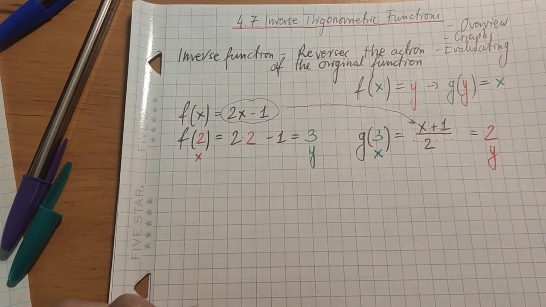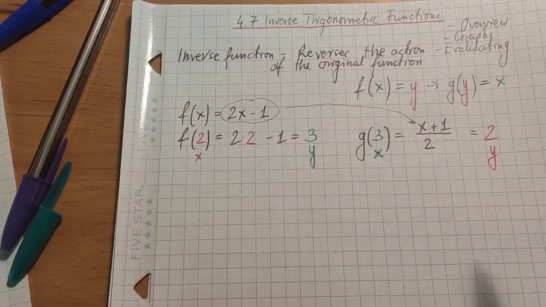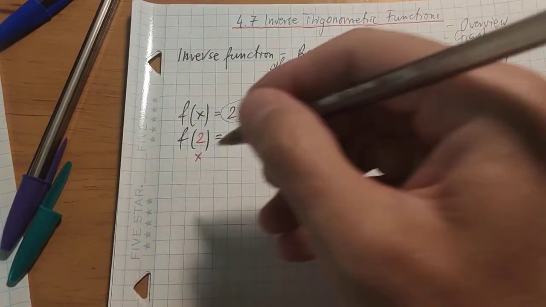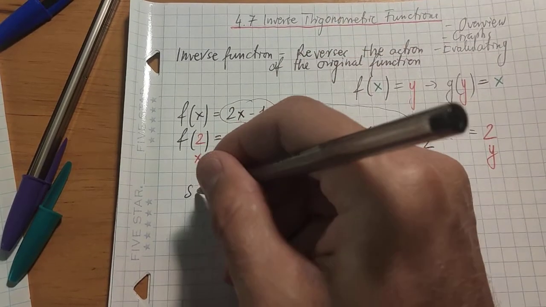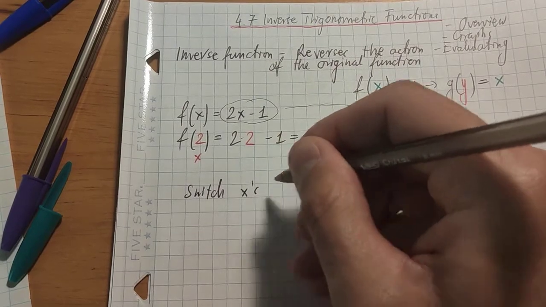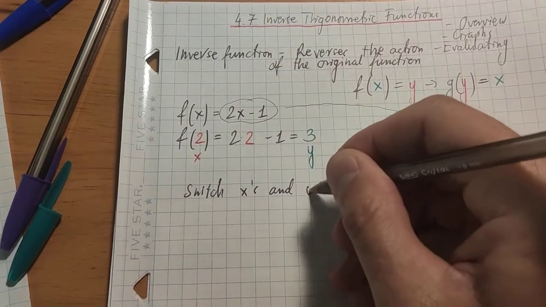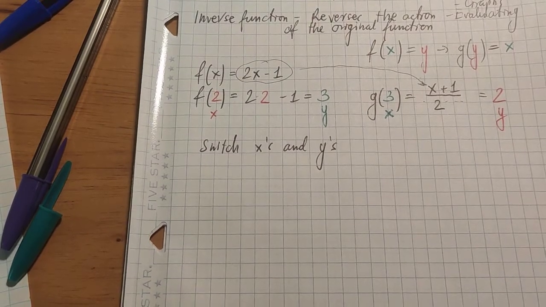So what happened, you see that y's became x's and x's became y's. We're going to use that property of inverse functions. So let's make a little note: switch x's and y's. That's basically what the inverse function does.